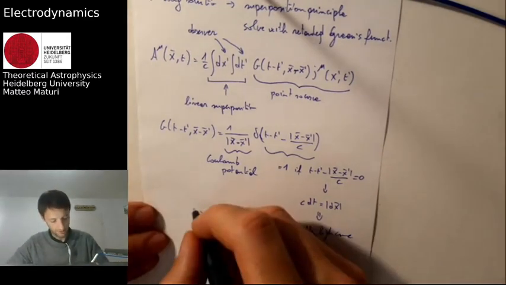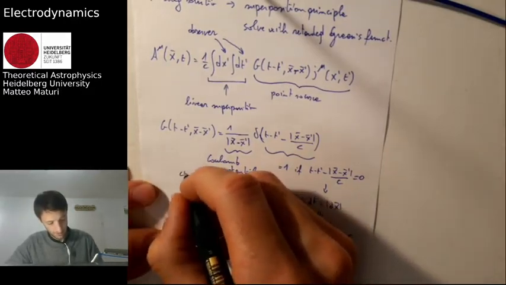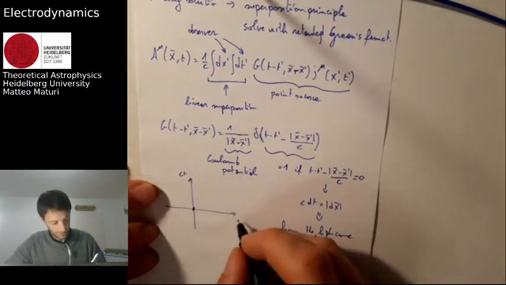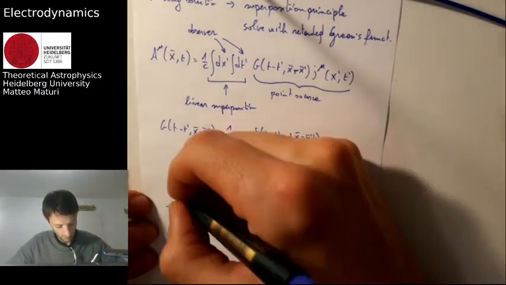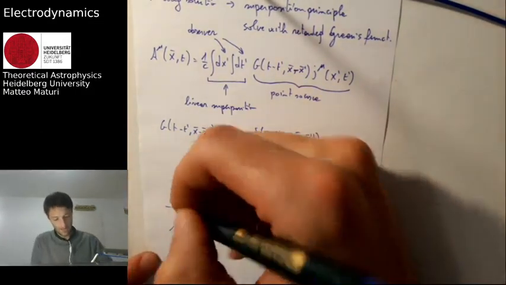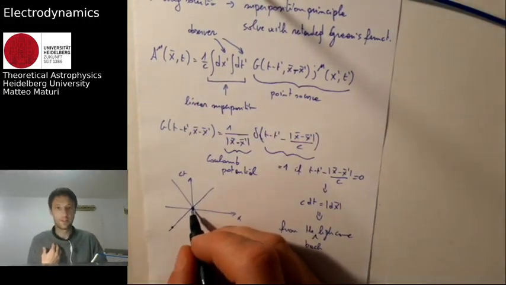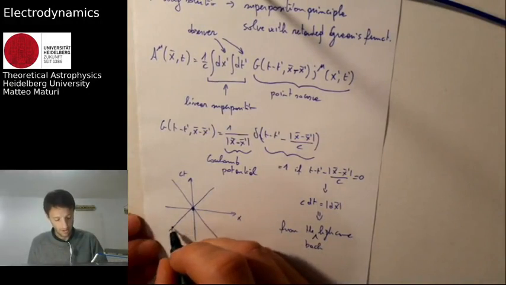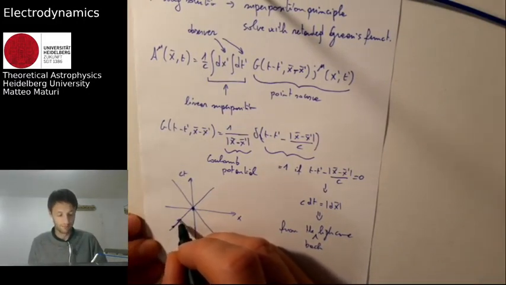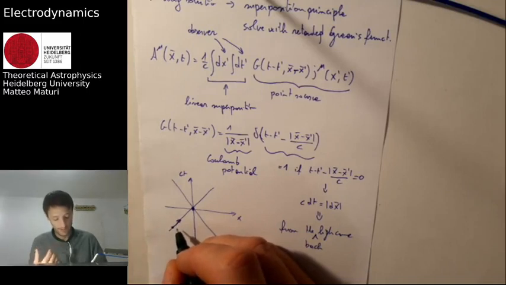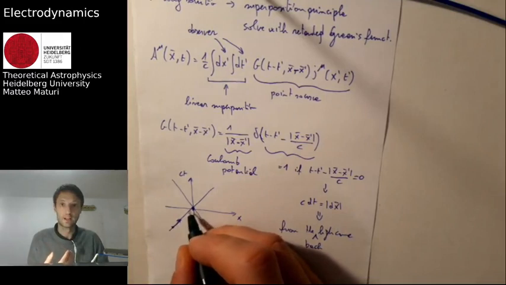Right? Because if I am here, in the ct, x diagram, this is the light cone, I have a charge here, and I can feel its potential only when the signal, when the potential had enough time to propagate and reach me.